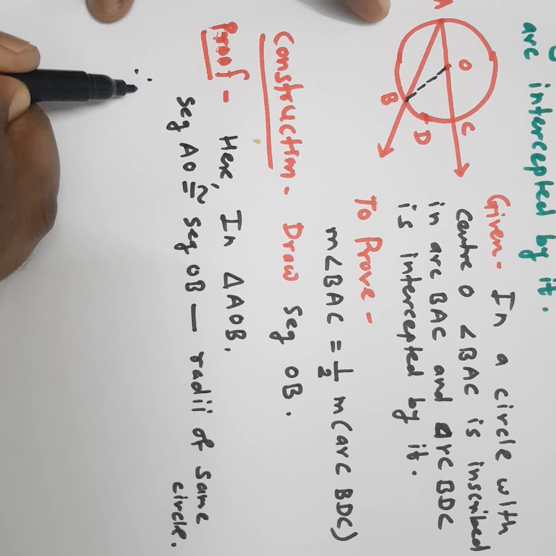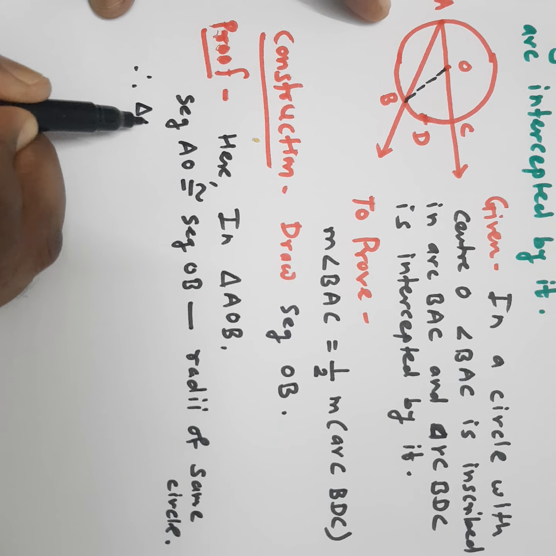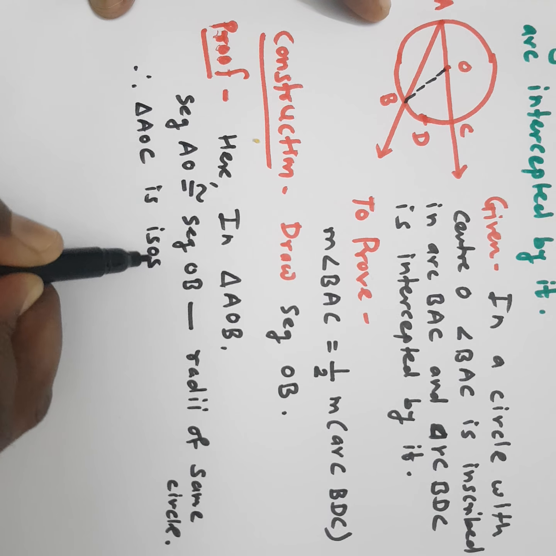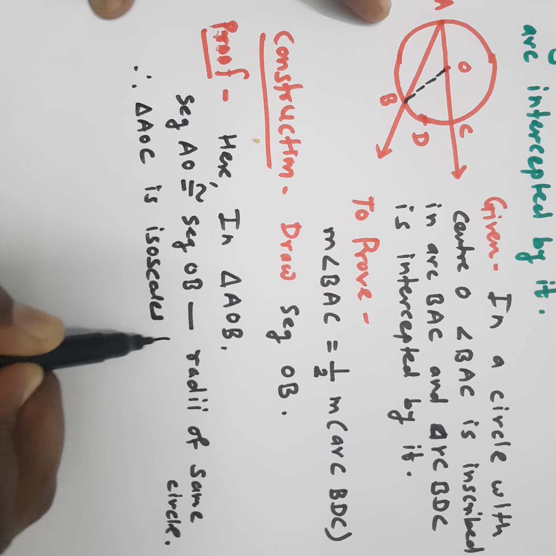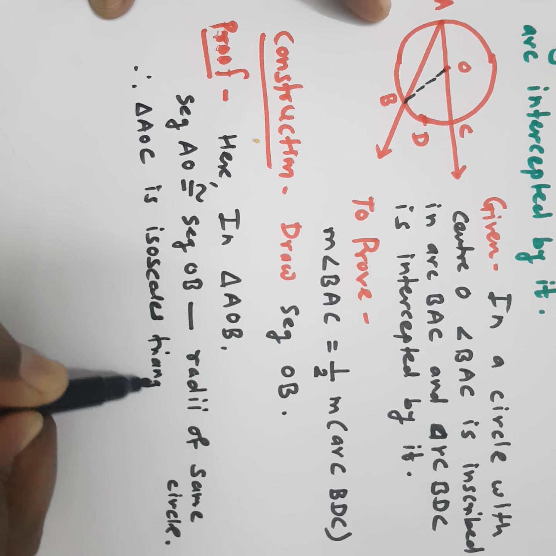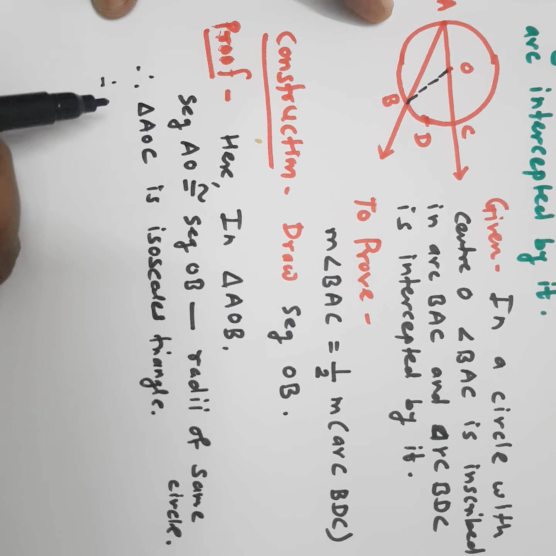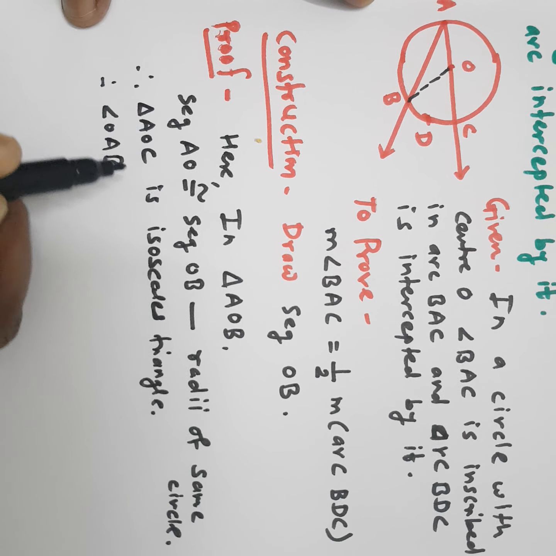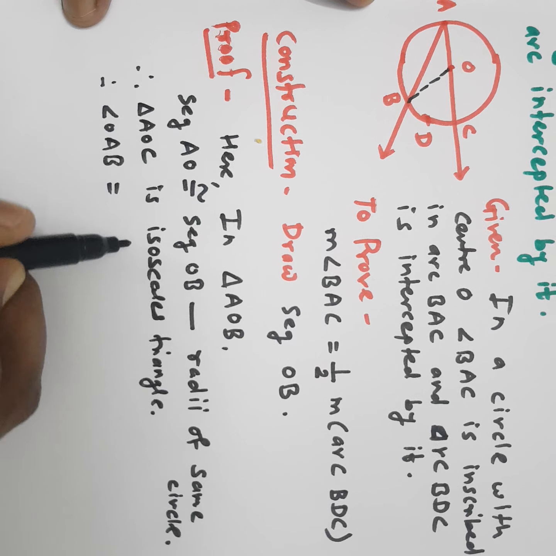Therefore, triangle AOB is an isosceles triangle. Therefore, angle OAB is equal to angle OBA.